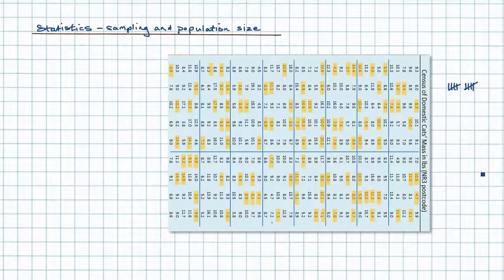Okay, so that's a random sample of 360 data entries.